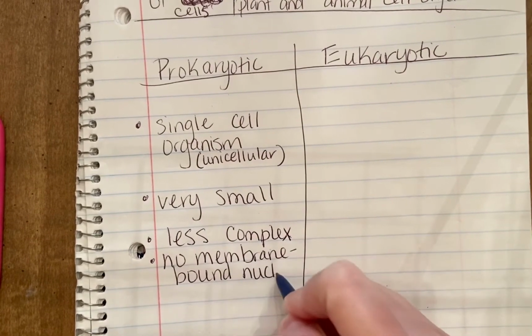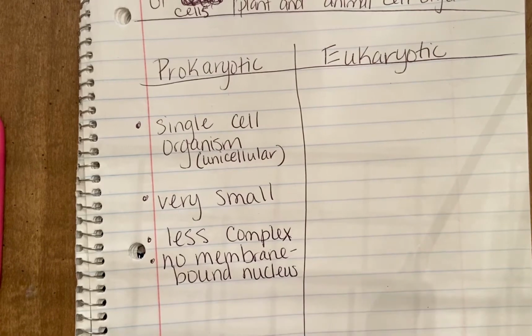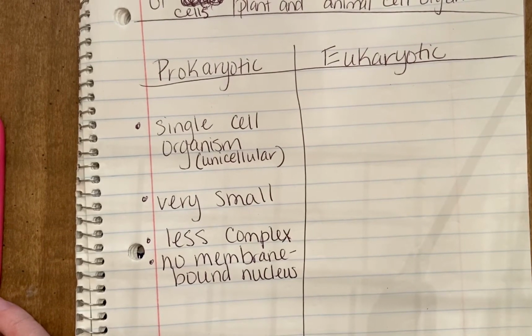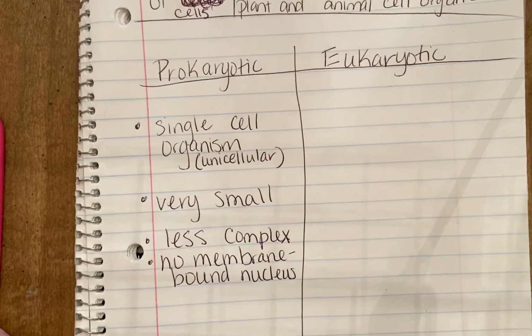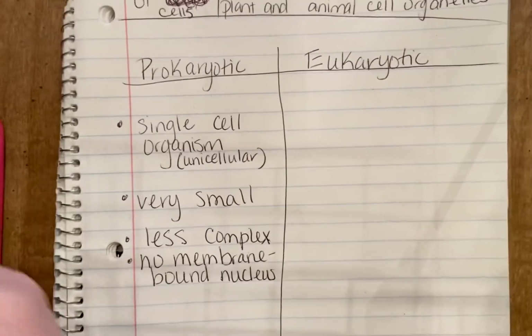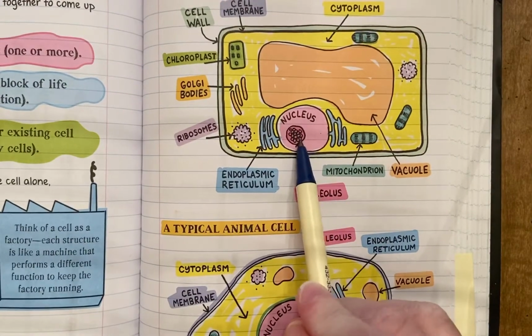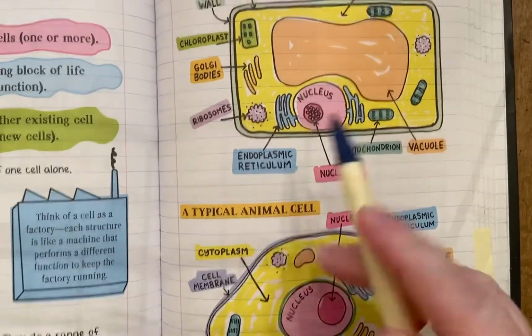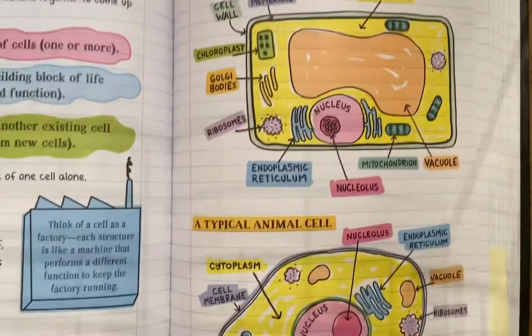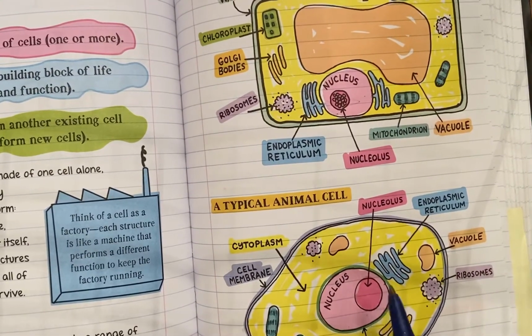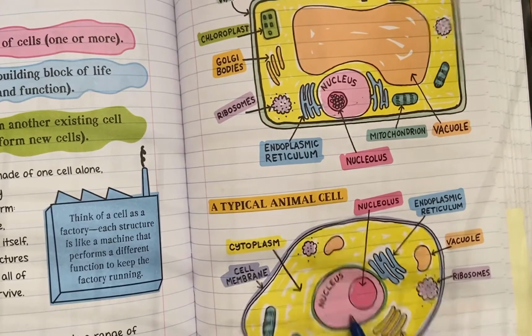That means that the nucleus, let me find a picture for a second. If I look here at what a plant and animal cell looks like, this is the nucleus right here, for the plant cell, and then for the animal cell. The nucleus is bound.